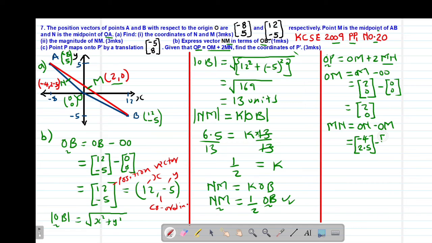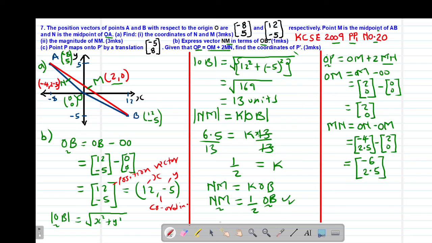Then minus the coordinates of M. M is just 2, 0. If I subtract these two, I'm going to have the following. This will be -4 minus 2, I'm going to get -6. Then 2.5 minus 0, I'll just get positive 2.5.